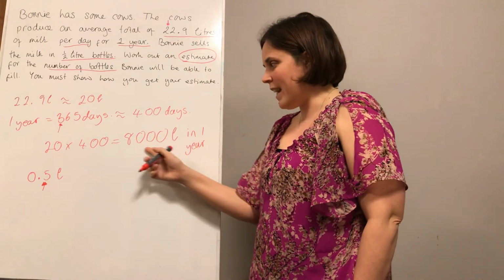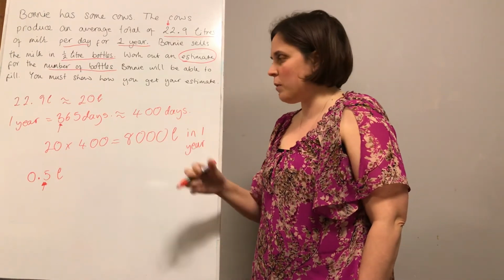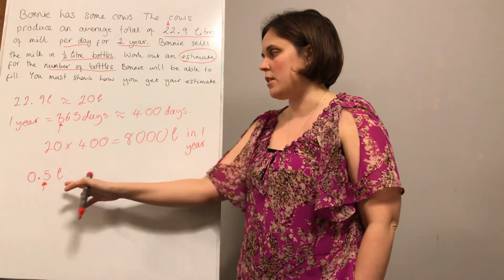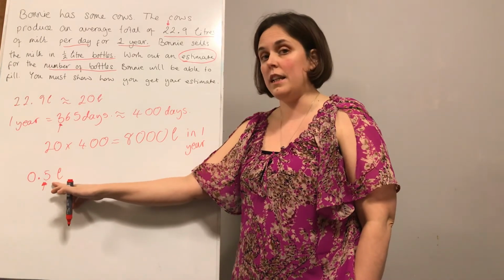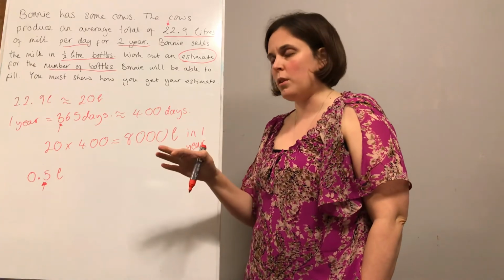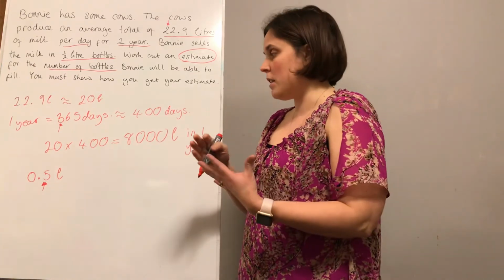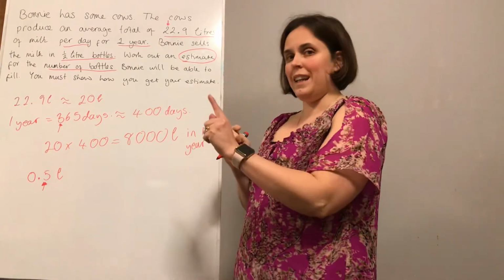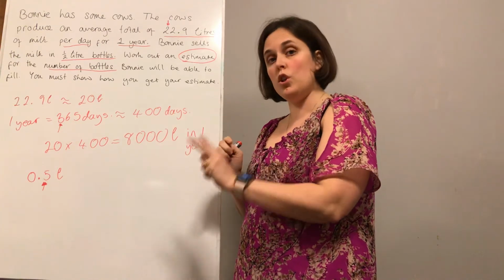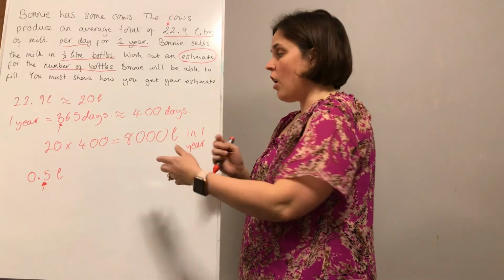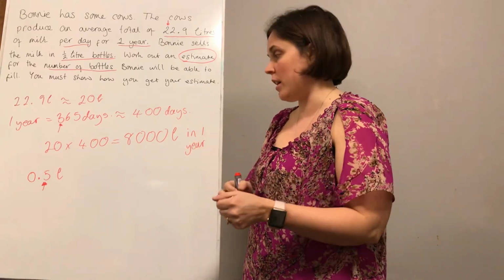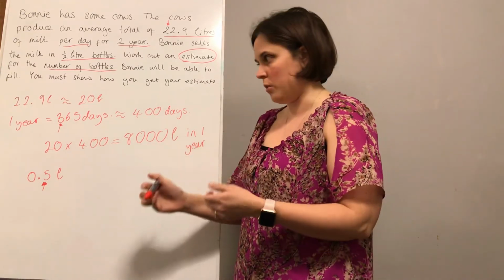So if we've got 8,000 litres, the easiest way to think about it is that every bottle is half a litre. So how many bottles can we fill? Well, if you think about it logically, for every 1 litre, we can fill 2 bottles. So if I've got 8,000 litres, I can fill 16,000 bottles.